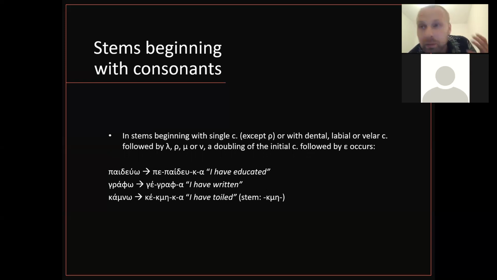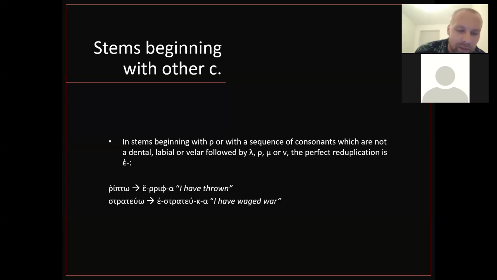Okay, but you don't have to memorize the rules for the formation of the perfect stems that I'm going through here. But this is just to give some insight into the logic behind the formation of the stem.